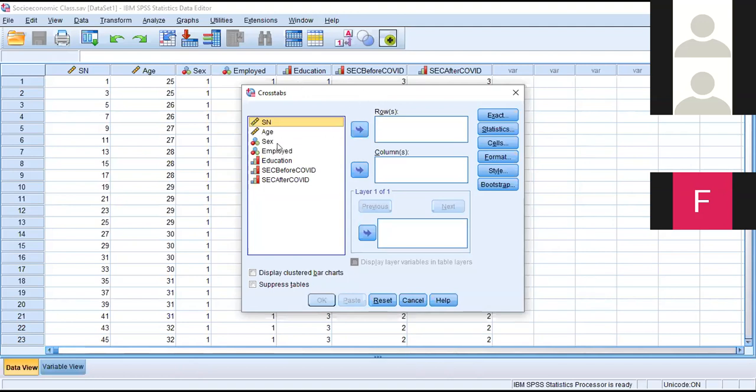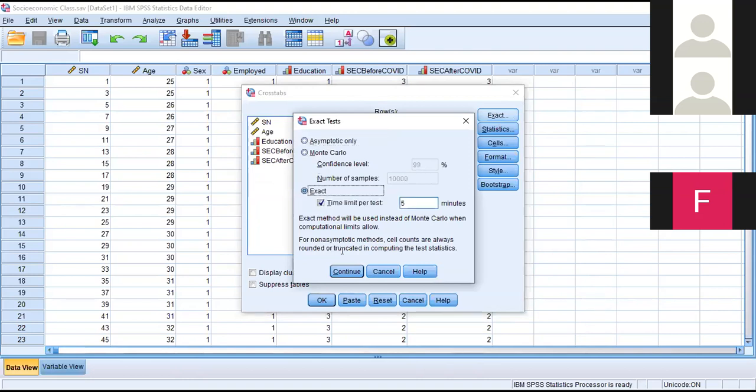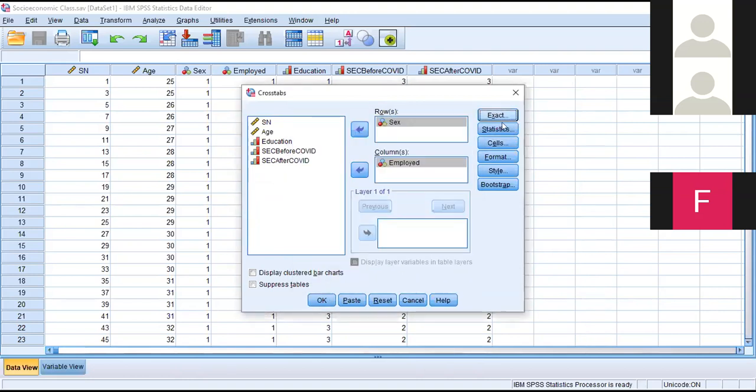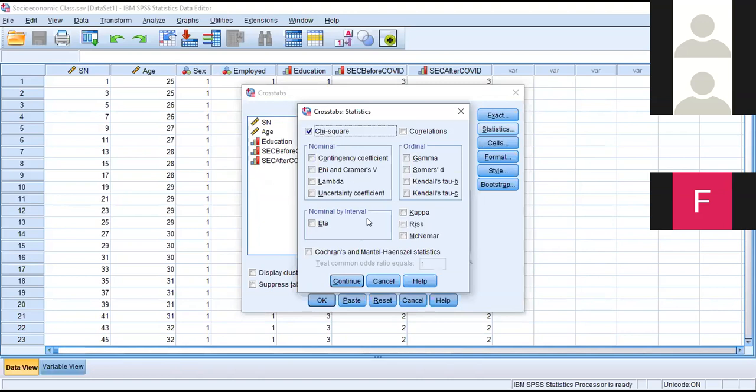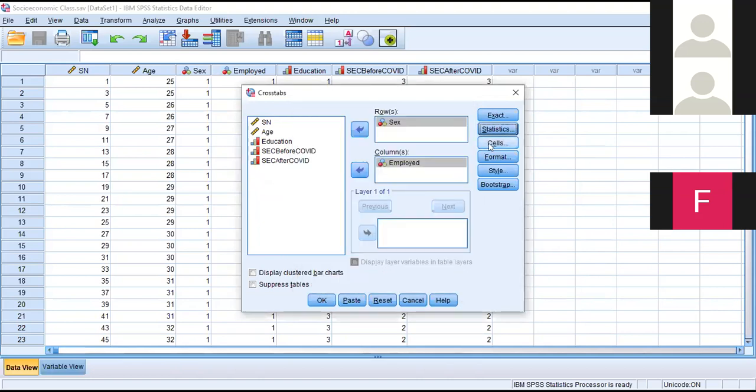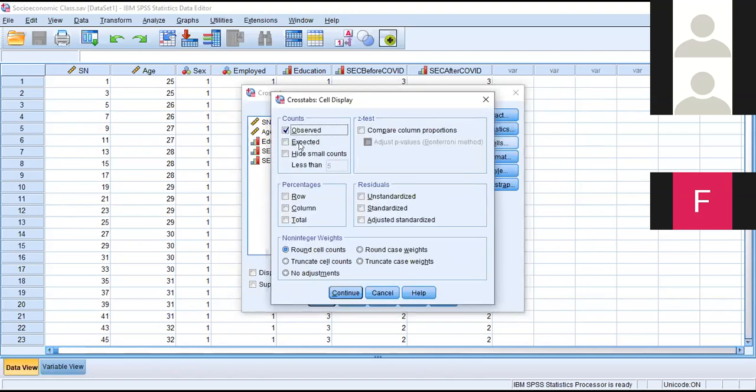So sex, employed. Let him just go straight, so that all those options will be there. Go to chi-square and cells. Okay, let me put it there. Row and column, you can rearrange somehow, but all the same.